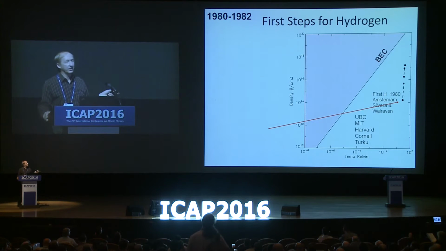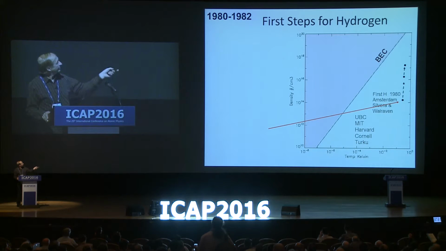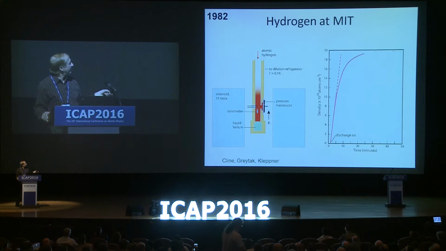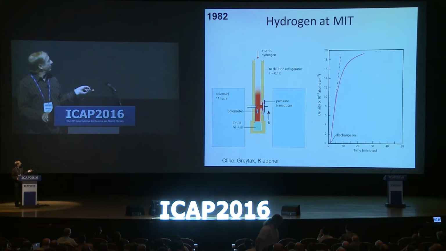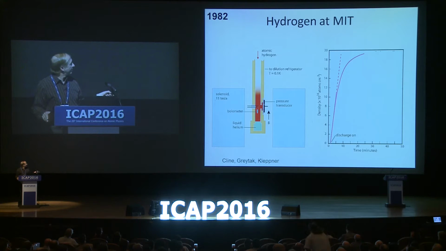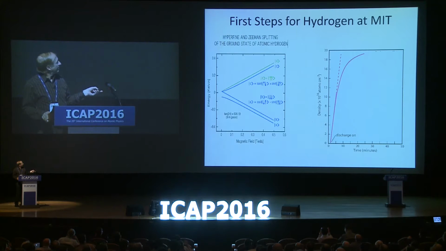Multiple groups joined, and people were getting closer and closer to this line of Bose-Einstein condensation in hydrogen. At MIT, the approach was to put these atoms in a trap, actually a bottle lined with liquid helium, at low temperatures, connected to a dilution refrigerator, and inside a very strong magnetic field.